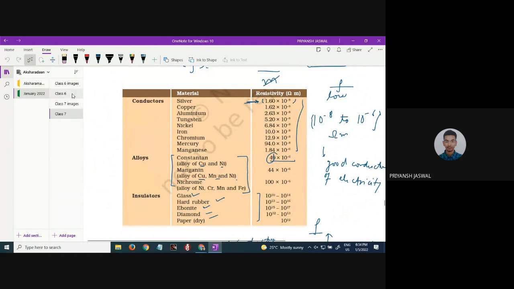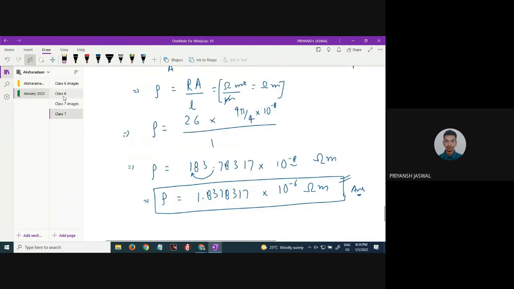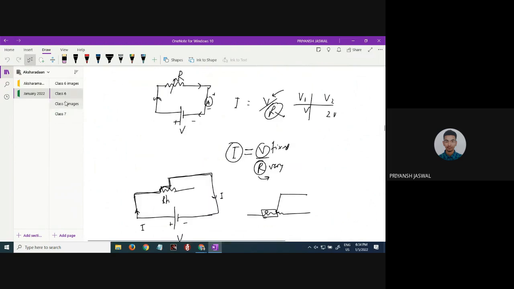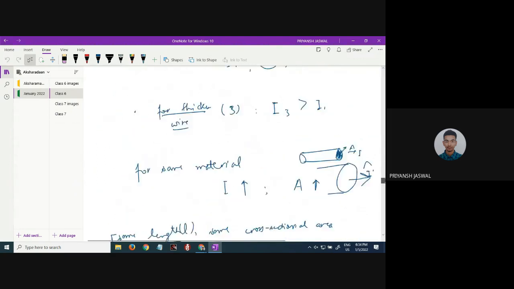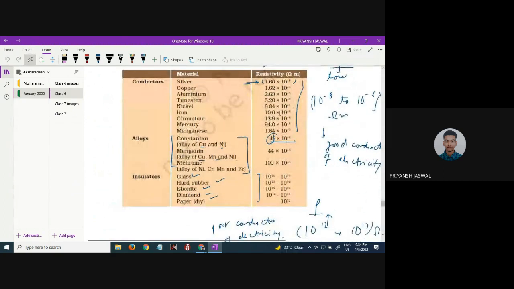Our answer for this question is 1.837 into 10 to power minus 6, this one. It has the value of 1.84 into 10 to power minus 6. That is manganese.